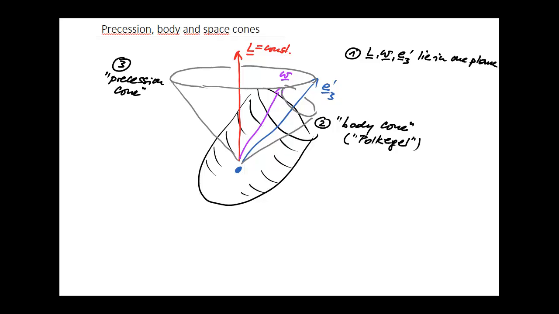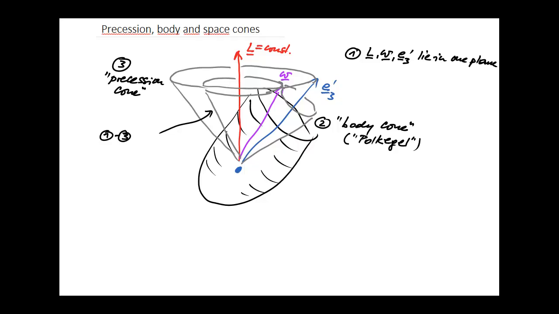This implies if E3 is on a cone around L and omega is on a cone around E3 prime, and all 3 vectors L, omega, and E3 prime are in one plane, then the consequence is that omega must also lie on a cone around L. So there must be another cone here, and this is a consequence of 1, 2, 3.